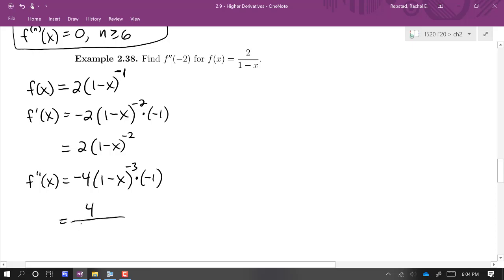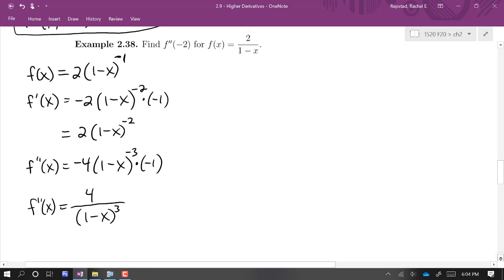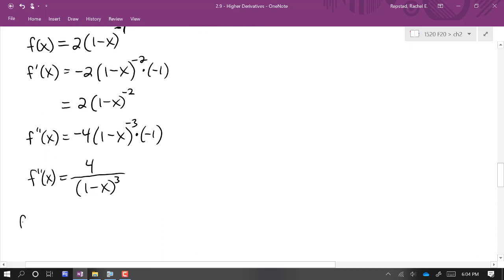So 4 over 1 minus x cubed. There's our second derivative. And now let's plug in -2. And that gives us 4 over 3 cubed is 27.